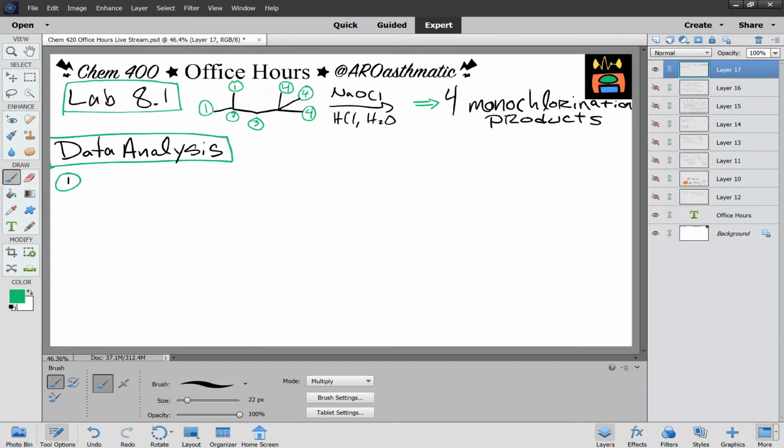When you're asked to calculate the statistical probability, for example, if you look at position 1 on your alkane, there's 2 methyls that represent position 1.